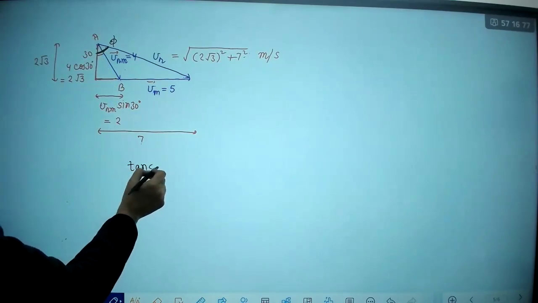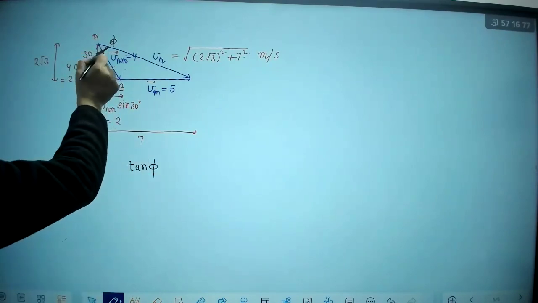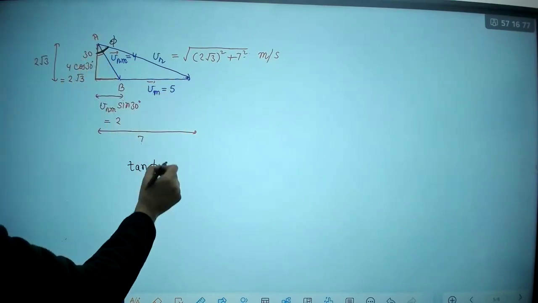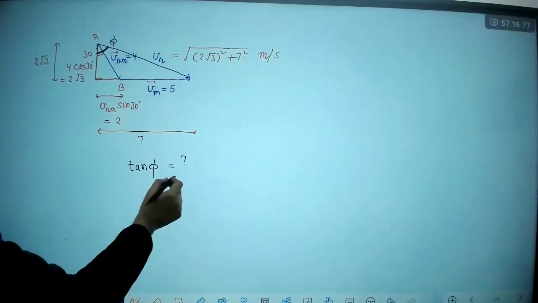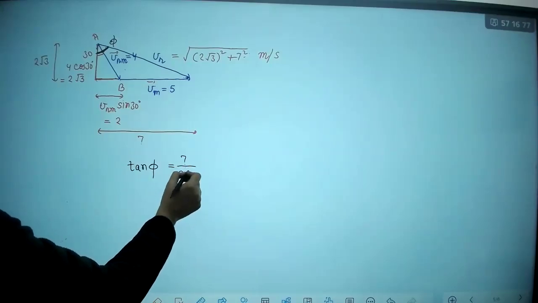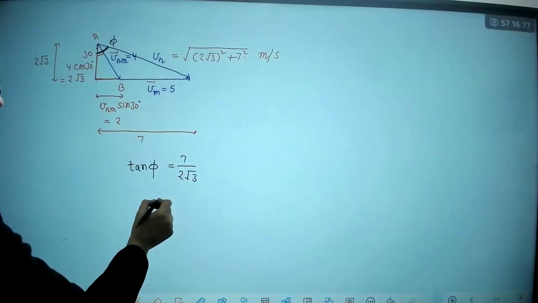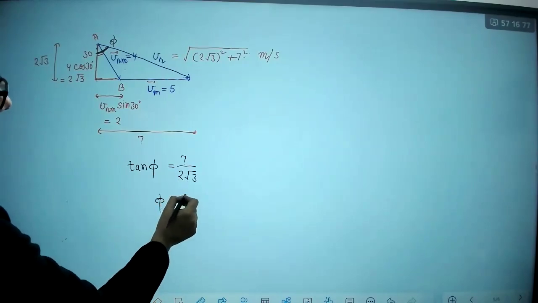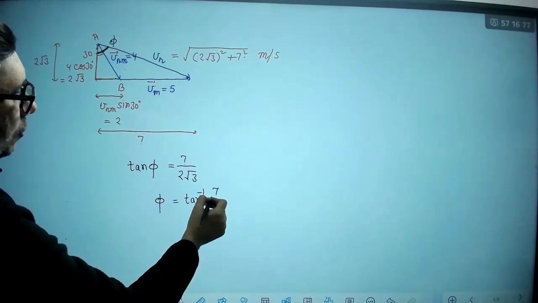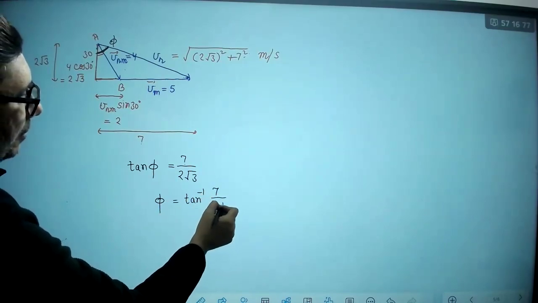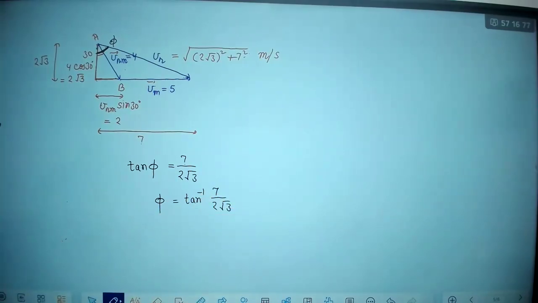Tan phi will be, this angle is phi, so this will be 7 upon this base. Base is 2 root 3. So with the vertical, phi is equal to tan inverse 7 upon 2 root 3. This will be the answer.